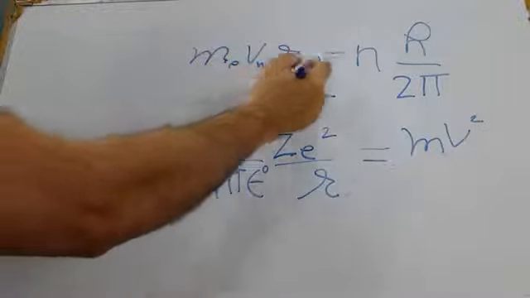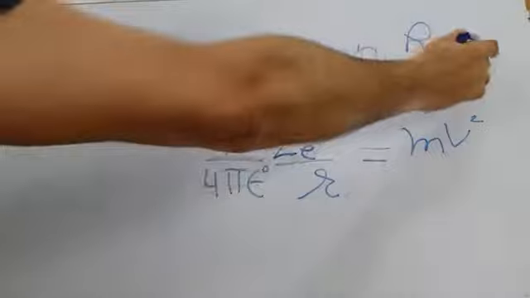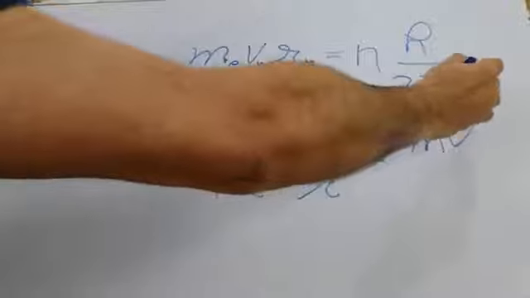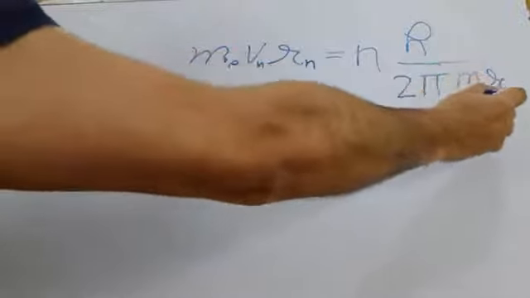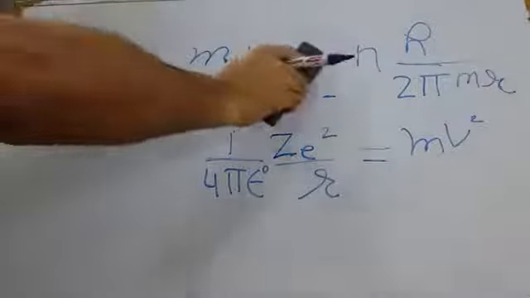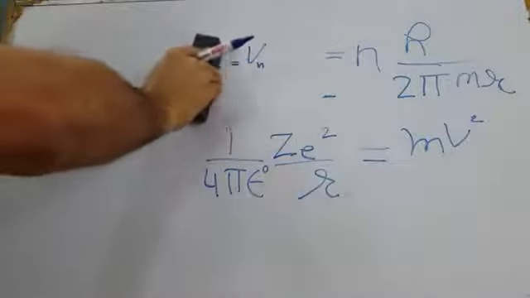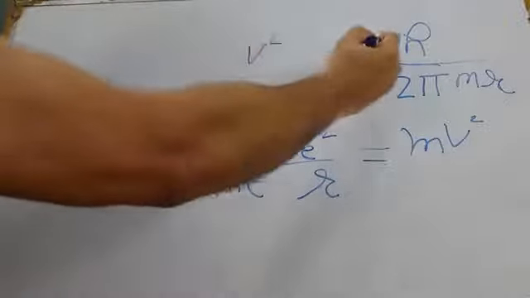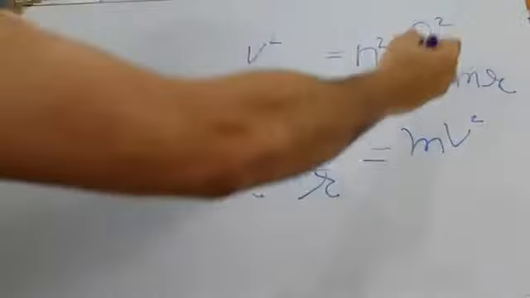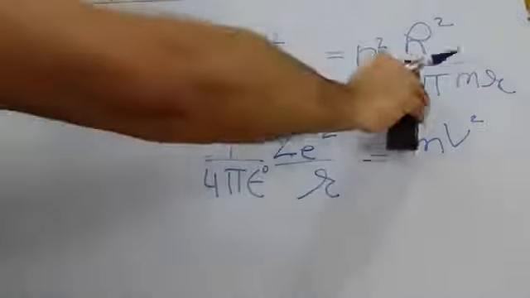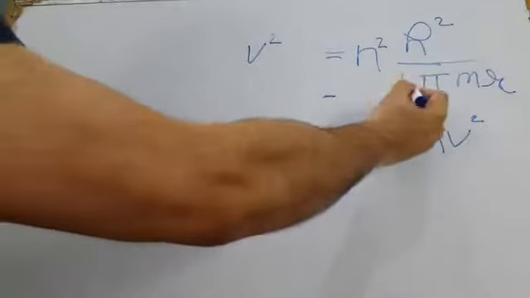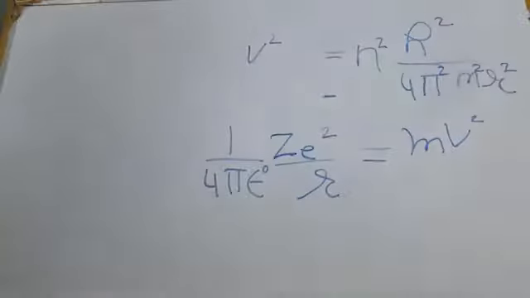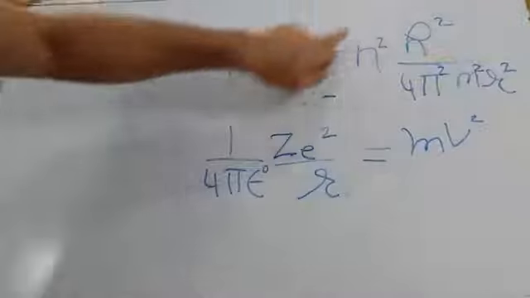Therefore, when this goes to that side, the v comes out to be n h upon 2 pi m r. And if we do the square, it should be h square upon 4 pi square m square r square.